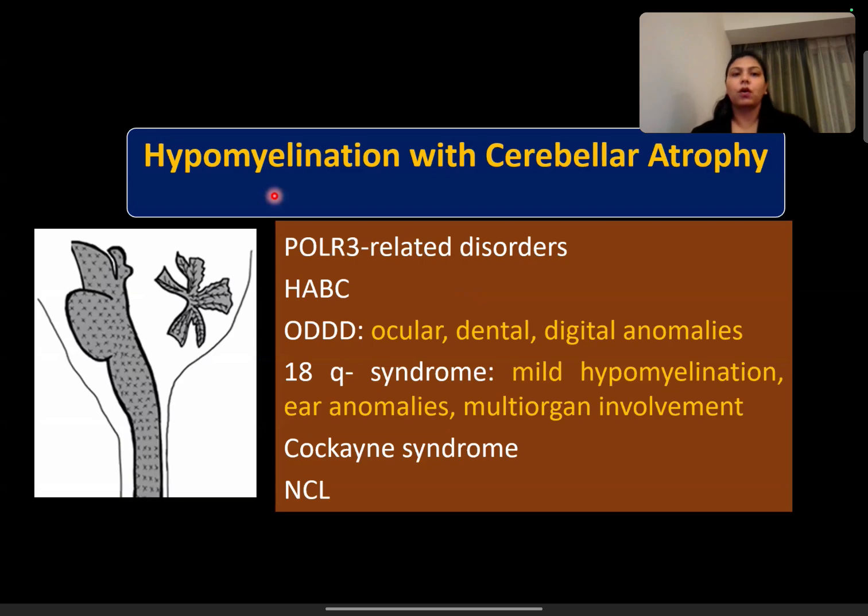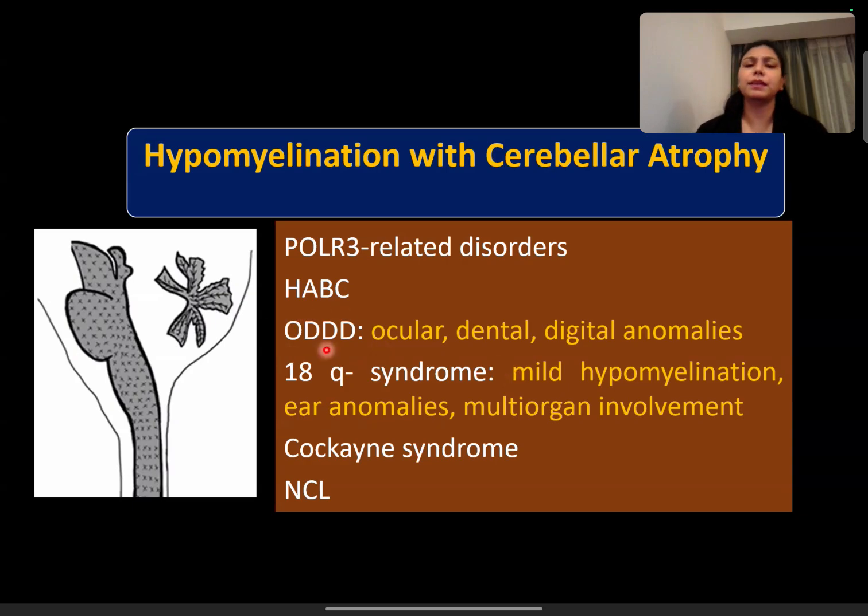Then we have, as we already saw many cases like HABC, POLR3-related leukodystrophy. We can have certain other disorders as well, where cerebellar atrophy is a predominant feature along with hypomyelination. One of them is 18q deletion syndrome. In this, we see mild hypomyelination, but we see multi-organ anomalies, and we can also see inner ear anomalies in these patients.